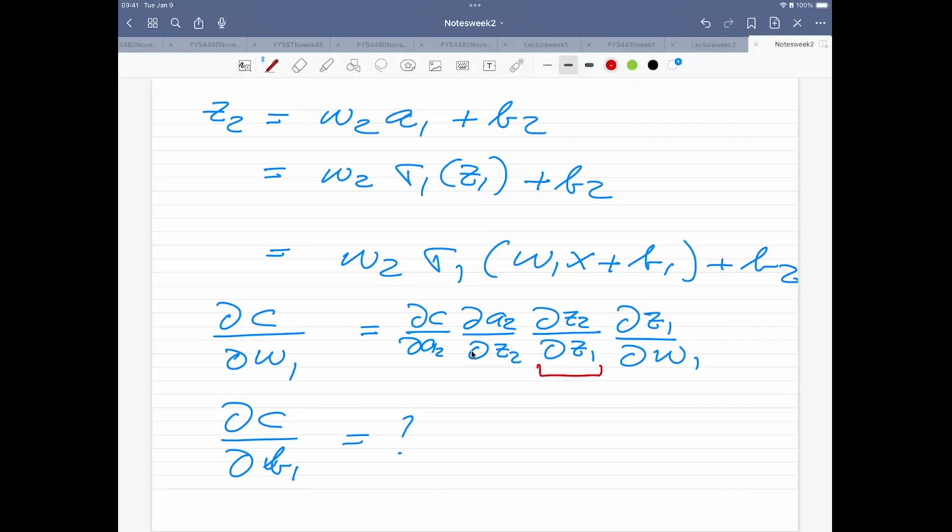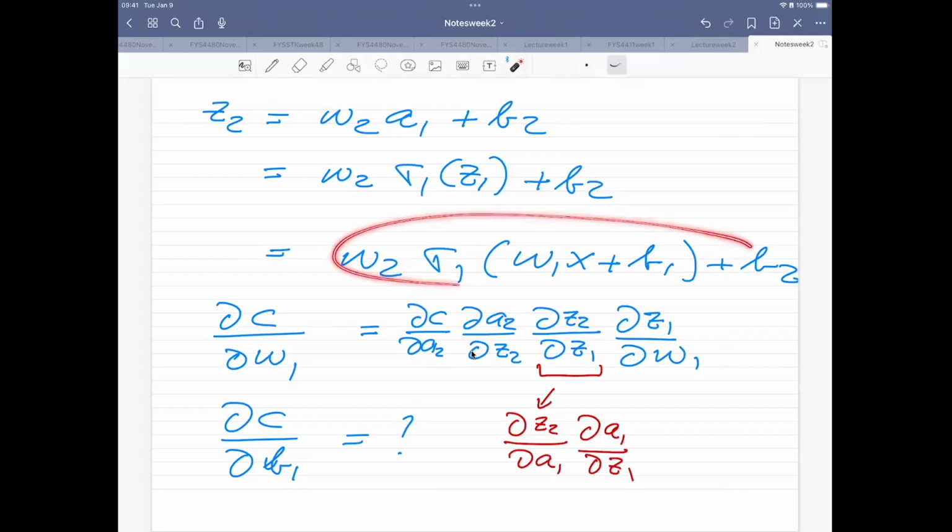This is an expression we can rewrite, because dz2 with respect to dz1 we have to be a little bit careful with, and we use the chain rule again on dA1 and dz1. If you look back at the expressions we have here, when we break this down we have to recur to the chain rule and deal with these parameters.